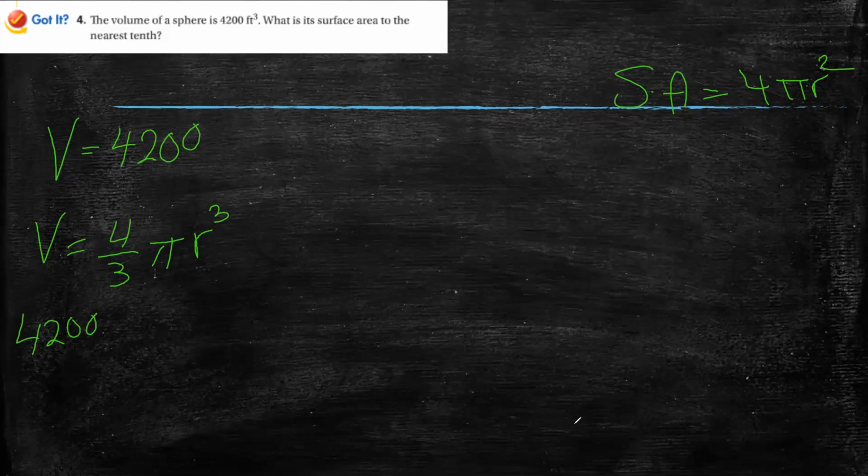So 4,200 is 4 over 3 pi r cubed. I think before that I made something wrong. Is it right? Because I wrote the volume not as 4 over 3.